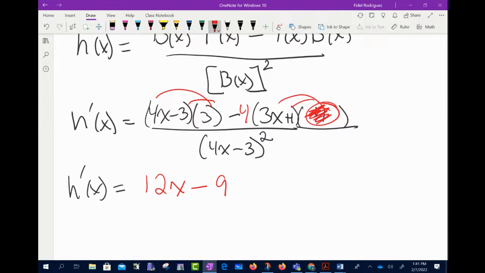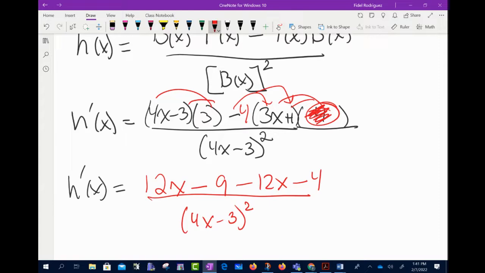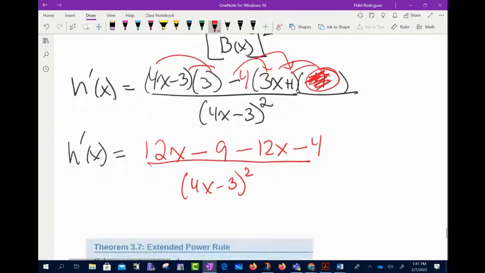And it's kind of like putting your sock and your shoe on all at one step, right? So what is negative 4 times 3x? Okay, and negative 4 times 1? There you go. And finally, 12 x's are going to cancel out. And minus 9 minus 4 should be a minus what? 13.